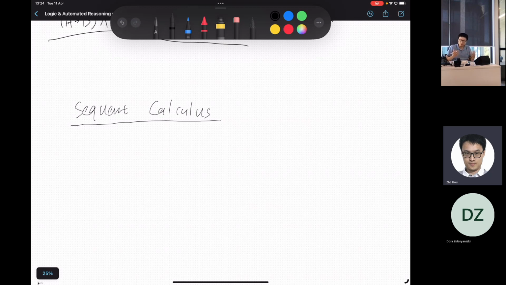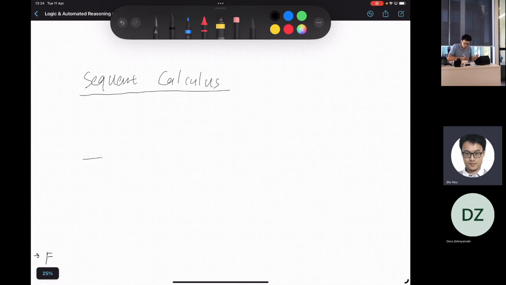But again, before we talk about the inference rules, we're going to fix the format. So what is the format of an inference rule in sequent calculus? It ends up quite similar to natural deduction. So we would again write an inference rule in this way. There are some premises, P1, some other premises, P2. You can have as many premises as you want.